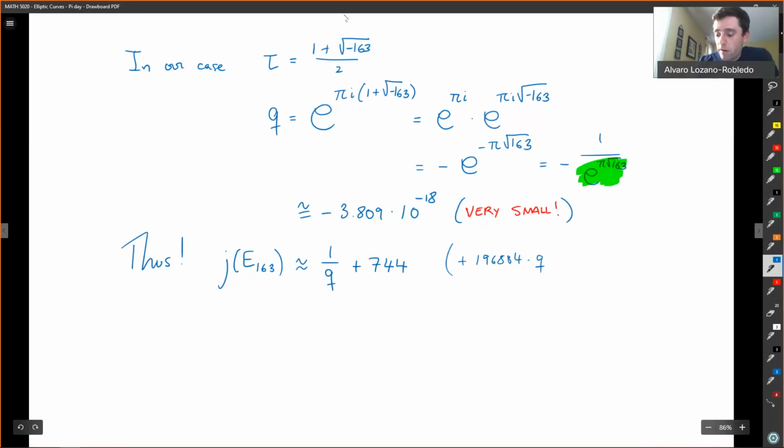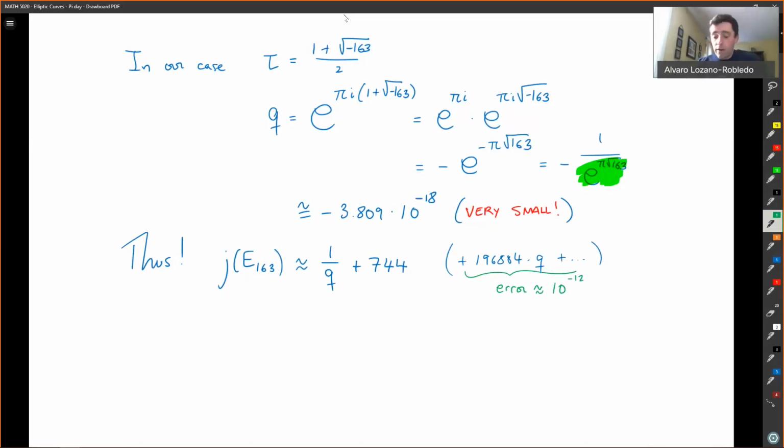So the error is of size 10 to the minus 18 times this, which is a 6-digit figure, so about 10 to the minus 12. So with error 10 to the minus 12, this is more or less an equality. Remember that there were 12 nines in a row in the expansion of our number, shaded in green, of e to the pi square root of 163. So that's where that error comes from. The error is about 10 to the minus 12.